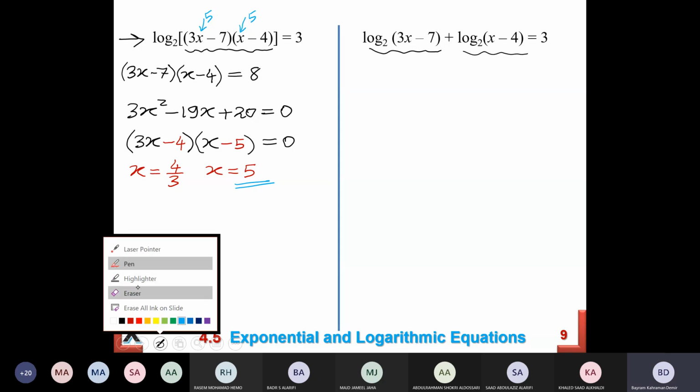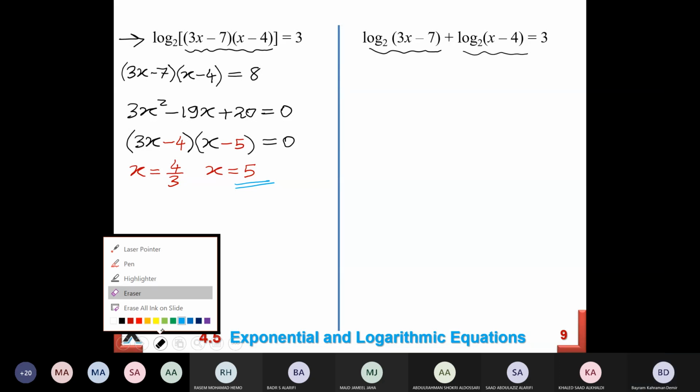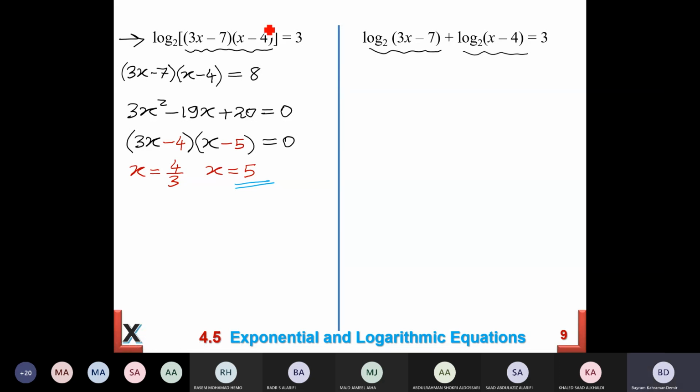Let me erase the 5 and use the other one, 4/3. If x is 4/3, both brackets give you a negative number, so the answer is positive.